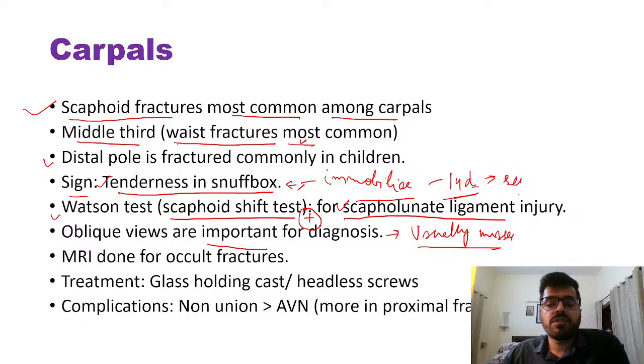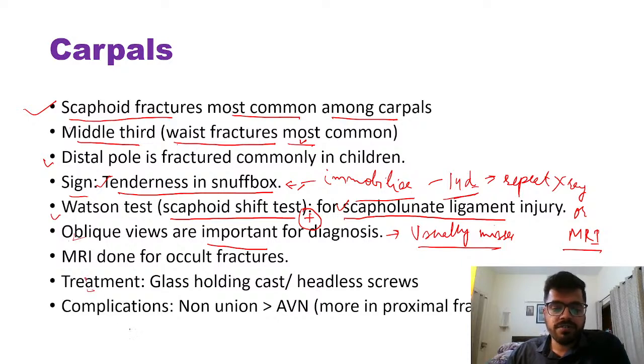or we can go for MRI, because sometimes it's an occult fracture. MRI can be done for occult fractures, as we already know. Treatment is glass holding cast or headless screw for surgery.